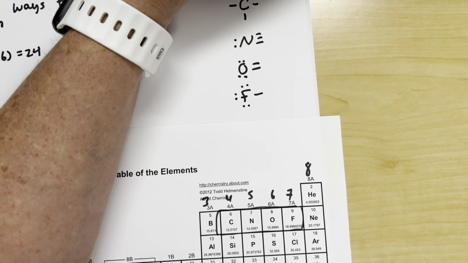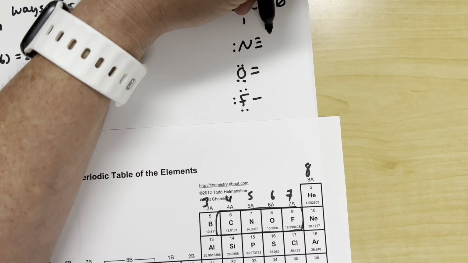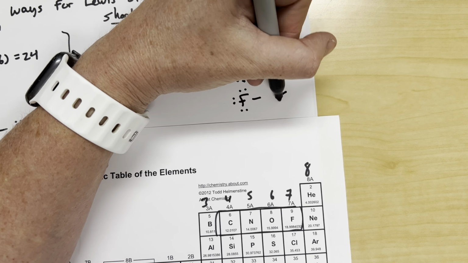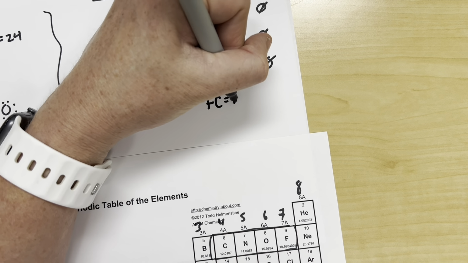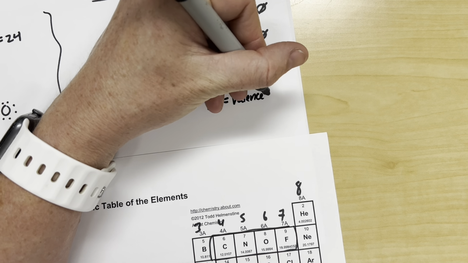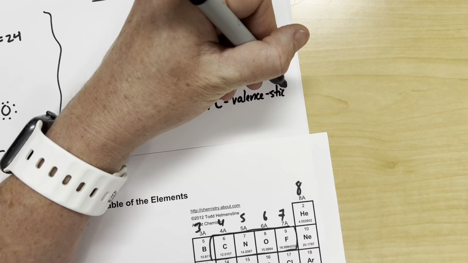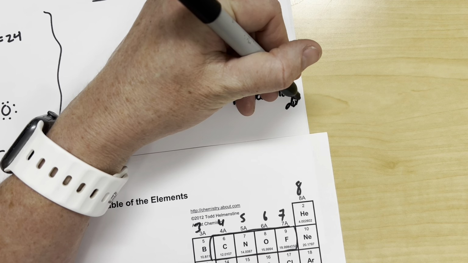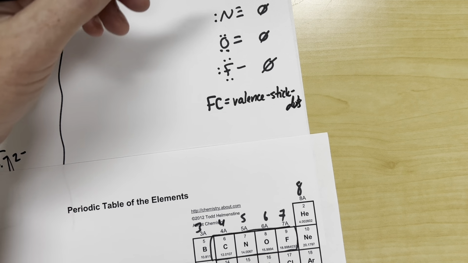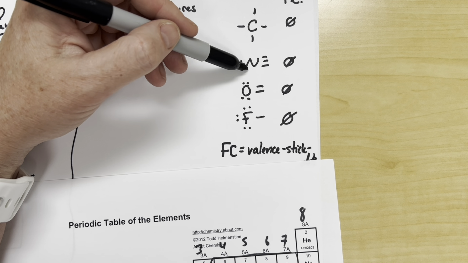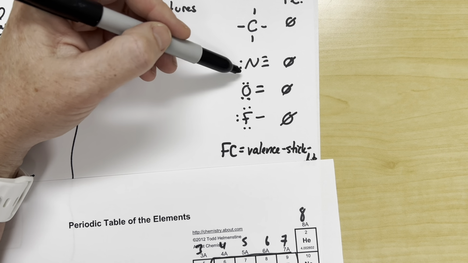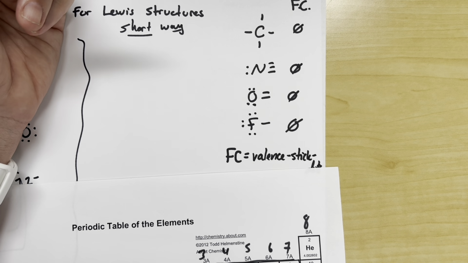In these situations, the formal charge of all of these will be 0. Formal charge, just to remind you, equals the number of valence electrons minus the number of sticks minus dots. So in all these situations, if you took the number of valence electrons that nitrogen has, for example, minus 3 sticks minus 2 dots, you get a 0 formal charge.